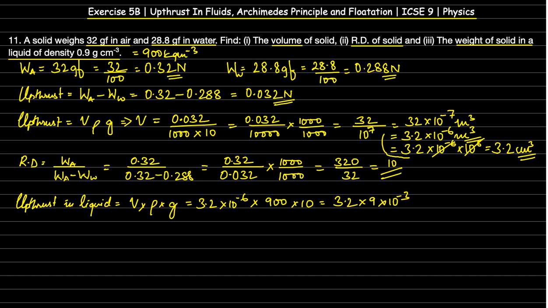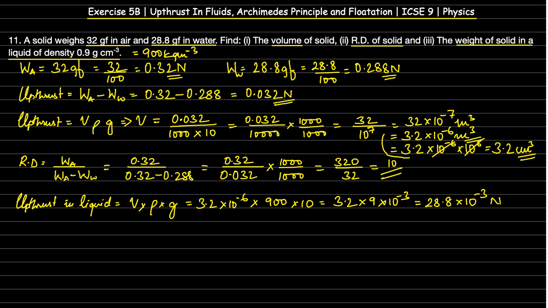Now 3.2 into 9 gives us 28.8. So we get this as 28.8 into 10 to the power of minus 3 newtons, since it is upthrust. So we have got the upthrust in that particular liquid as 28.8 into 10 to the power of minus 3 newtons.